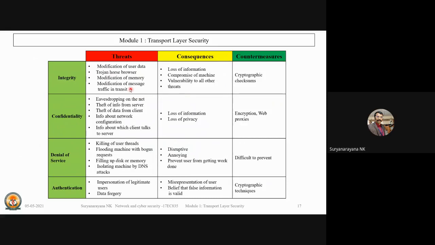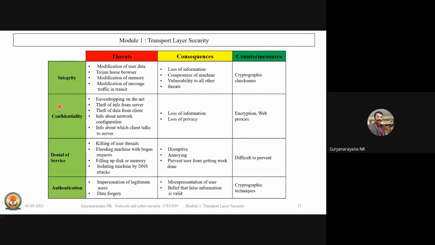If somebody modifies the message, then vulnerability to all other threats will be there as a consequence. What is the countermeasure to the threats to integrity? That is providing a cryptographic checksum. It is a mathematical value assigned for the data which is sent, and the same value should be recovered at the destination.